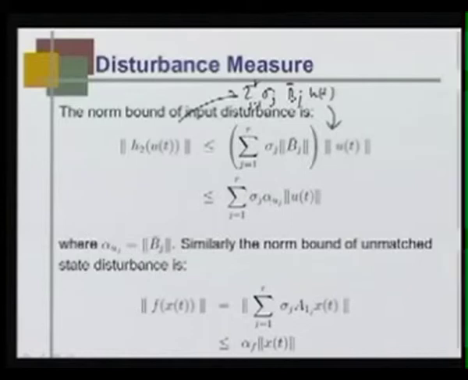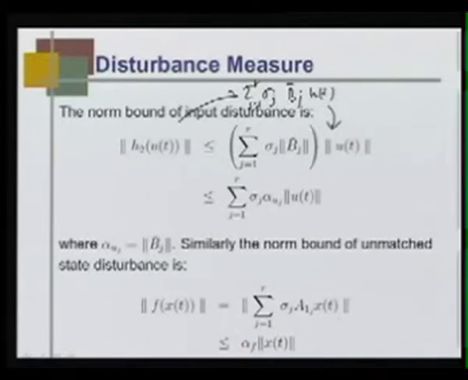Okay. Similarly, the norm bound of the unmatched state disturbance, which is f(x(t)). The previous one we have already done, the matched one. So, this is the unmatched one, f(x(t)), and f(x(t)) is the sum over j of A1j x(t).